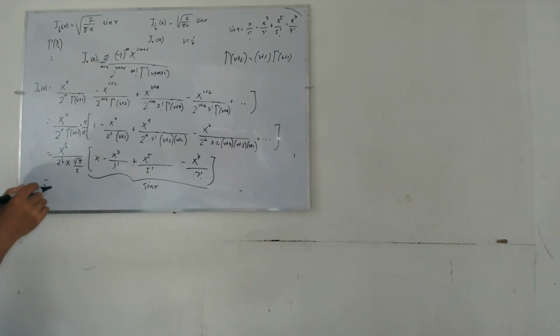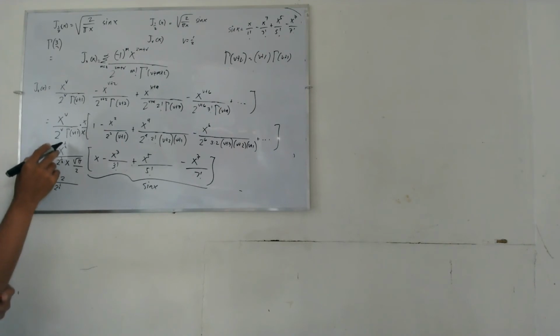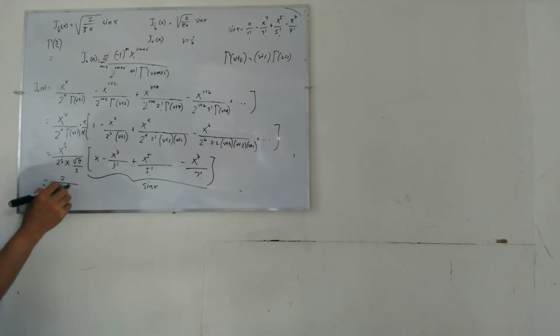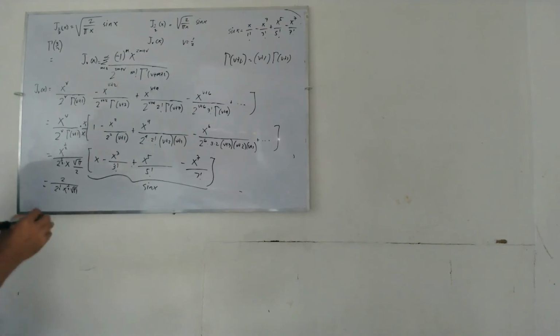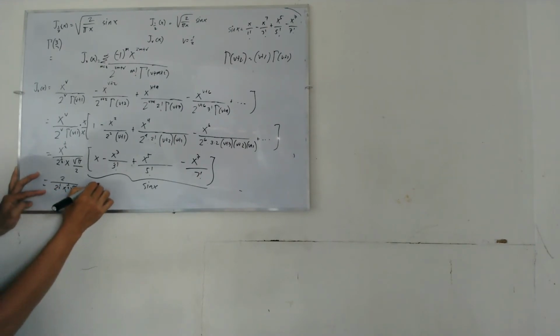So 1/2 minus 1 mahimo nang 1, no. Then kani 2 butang sa taas. So 2 over 2 to the 1/2. 2 to the 1/2. And then kani 1/2 minus 1. So meaning x to the 1/2. Square root of pi. Simplify nimo ni, mahimo na dahil ning 1 minus 1/2 is square root of 2.